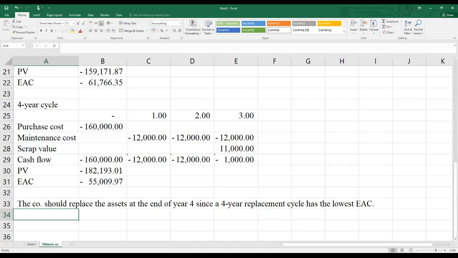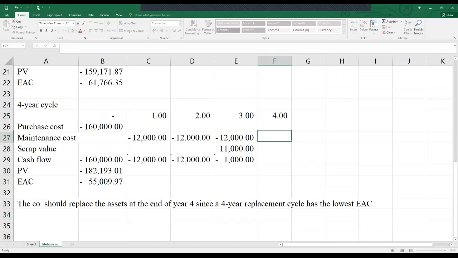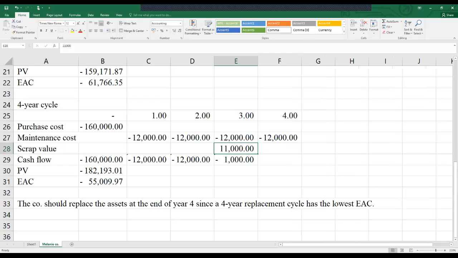We've done for the 3 years, from year 0 to year 3. Thank you, because these are 4 years. I forgot, I just copied. Don't forget, this is a 4-year cycle. Therefore, the replacement value is not in year 3, it's in year 4.